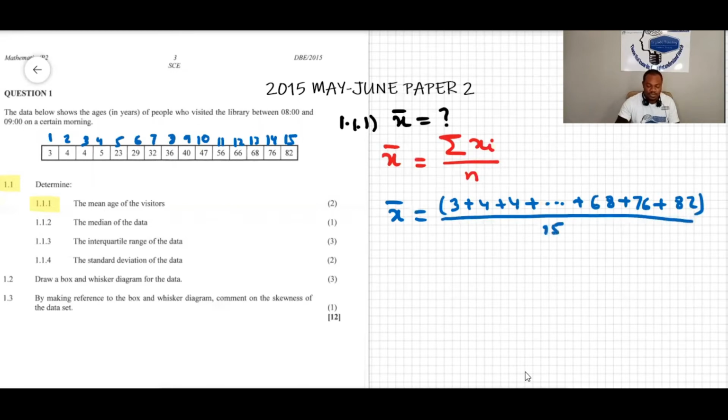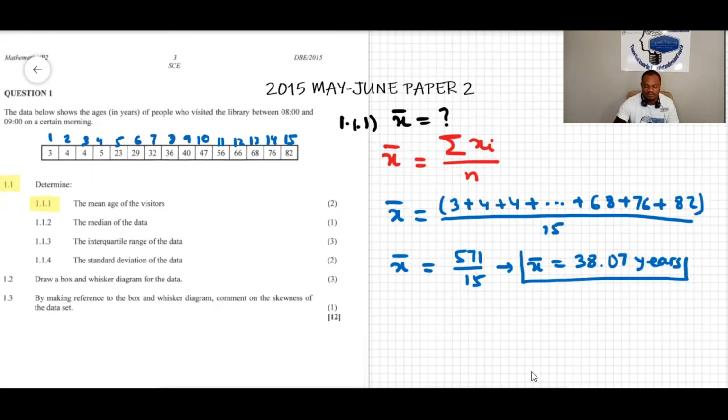If we do the sum of all the numbers, we get 571 over 15, and this is equal to 38.07 years. So this is the number of years. You can say 38 years.